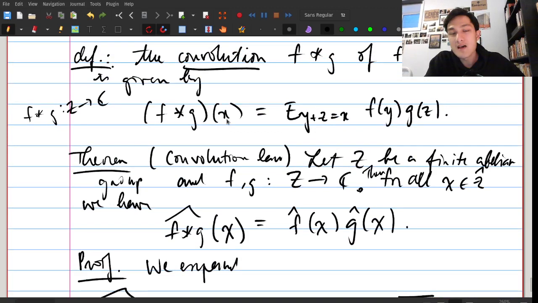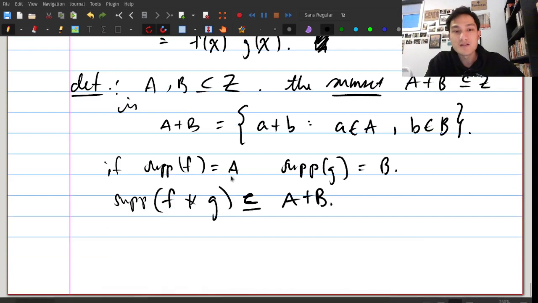So x has to be in the sumset A plus B for this not to be 0. If we took x outside of the sumset, then at every term one of the factors would be 0, so the whole product would be 0. So the support of f star g is a subset of A plus B.